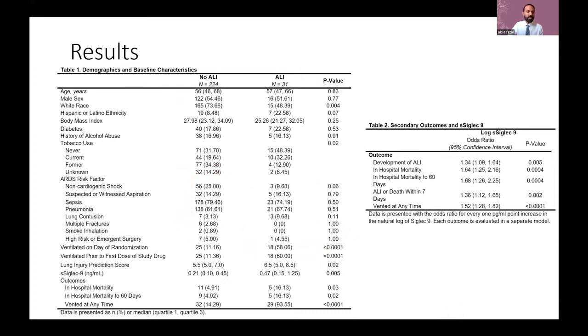Looking now at soluble Siglec-9 levels, the median soluble Siglec-9 level in the group that went on to develop acute lung injury was higher than the median levels in the group that did not develop acute lung injury.